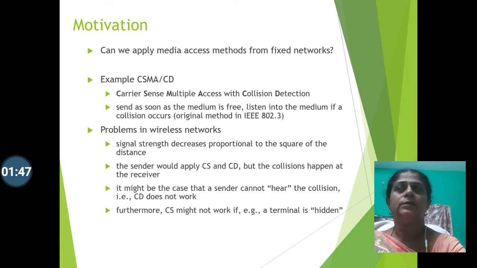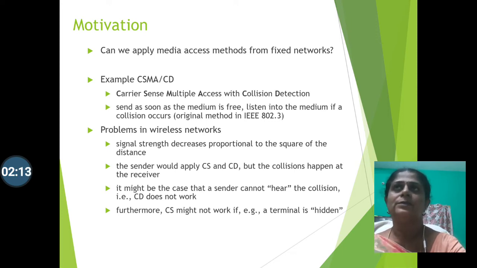Let us find out whether the same method can be used in a wireless network. The sender A is going to send something to B. The sender doesn't know how far B is. In a wireless scenario, the signal strength decreases proportionally to the square of its distance.